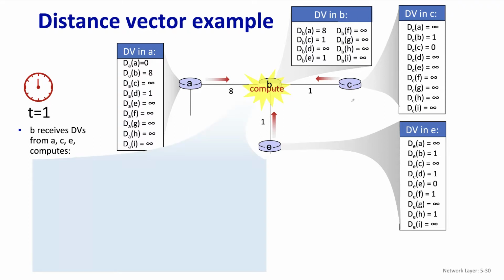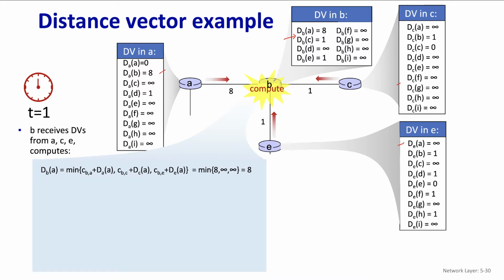So now you have 3 tables here, right? This is 1, 2, and 3. And you want to see which one has the least cost, so you can reflect it into your distance vector, right?